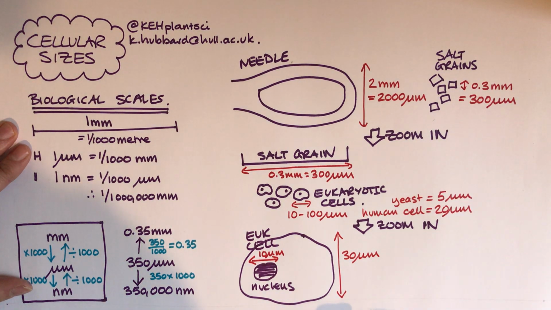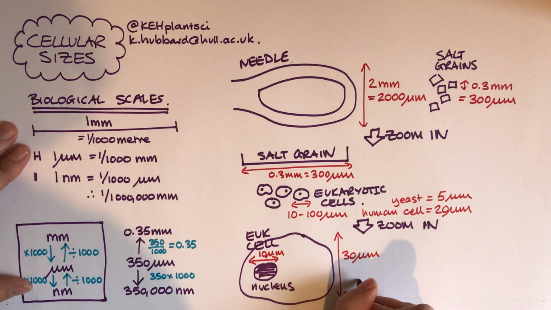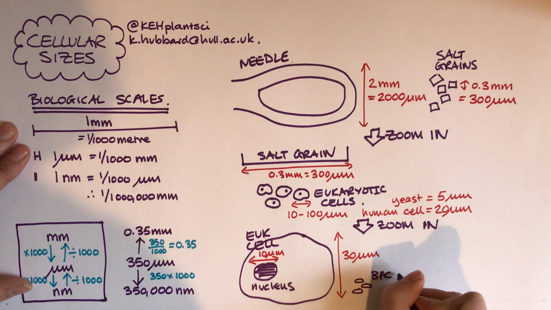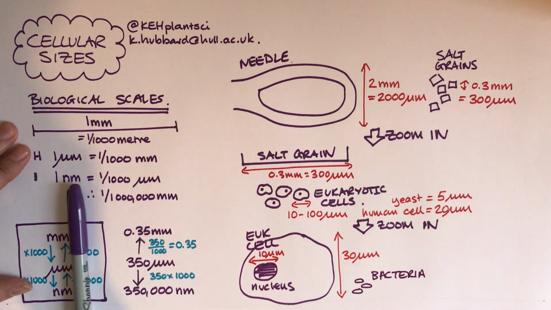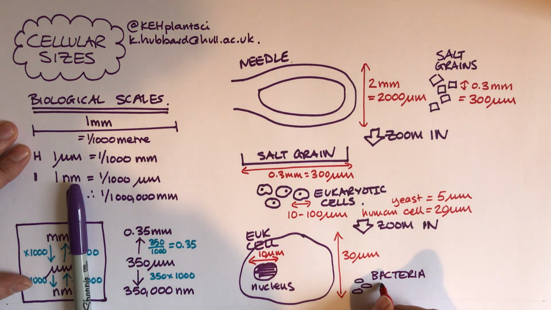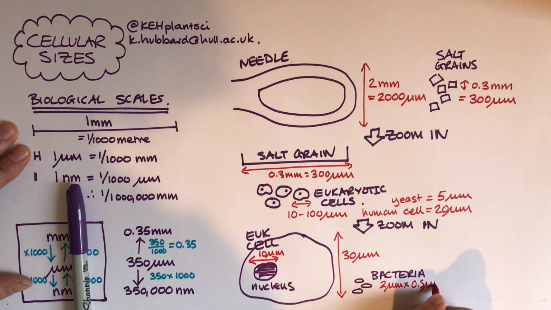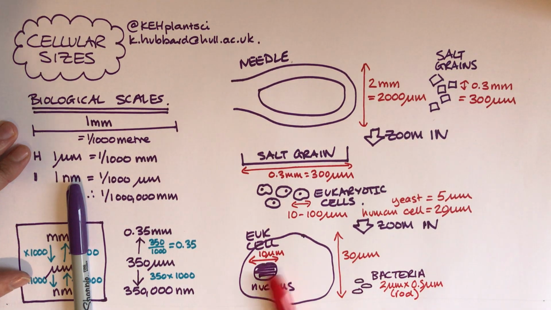So how big would a bacteria be? Well, at this scale, bacterial cells would be something like this. Our bacterial cells would be probably about 2 microns by 0.5 microns if they're these rod-shaped cells, something like E. coli.